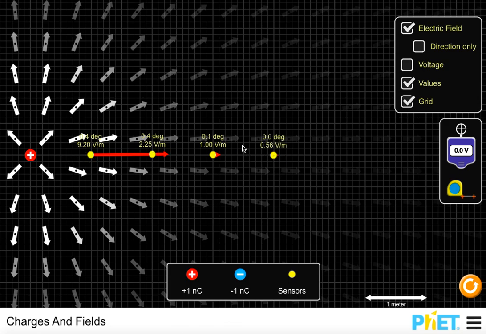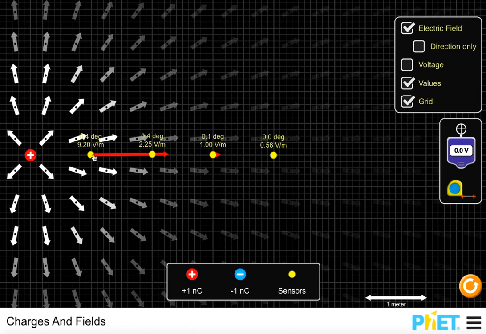So you notice I'm already able to find a relationship, if I was to graph this and analyze it, between distance of the sensor from the charged particle and the force that that charged particle would be experiencing. Again, technically, if I want to interpret this number 9.2 as 9.2 newtons, a unit of force, I would need to assume that this sensor has a charge of 1 coulomb and go from there.